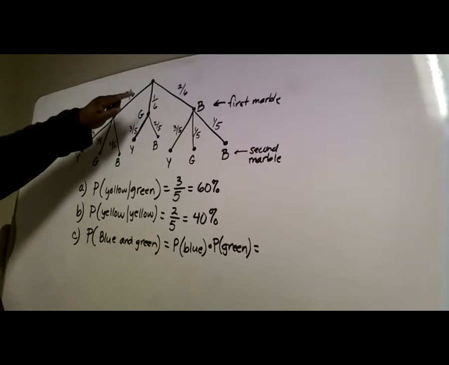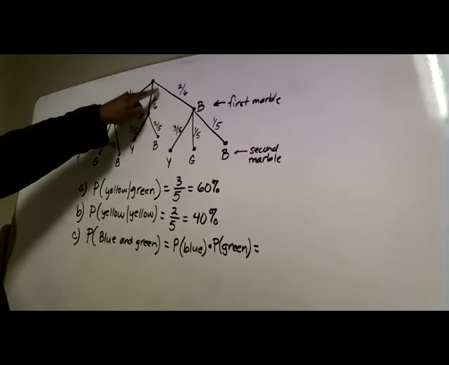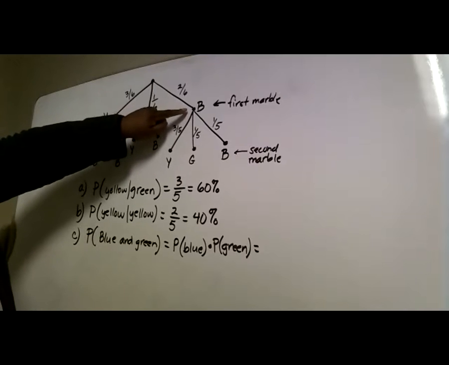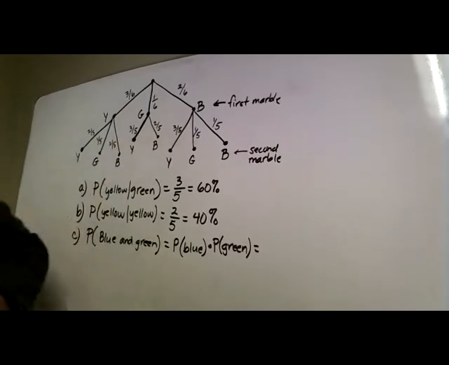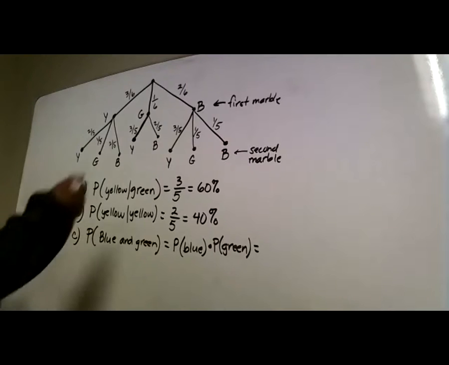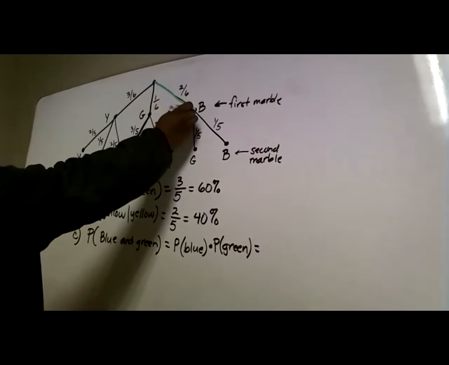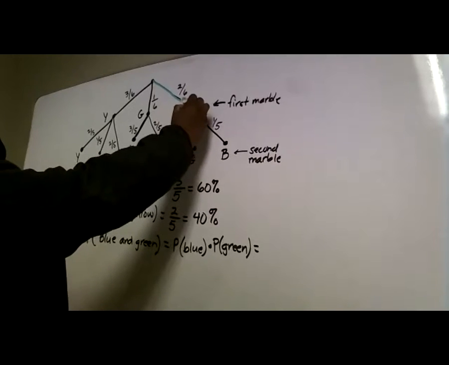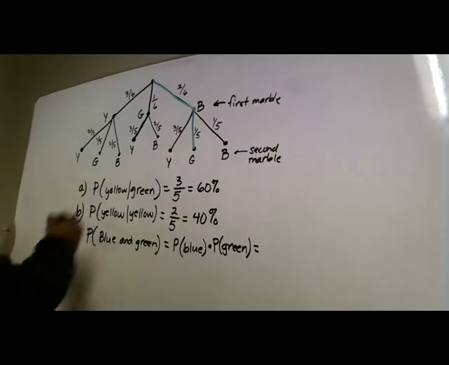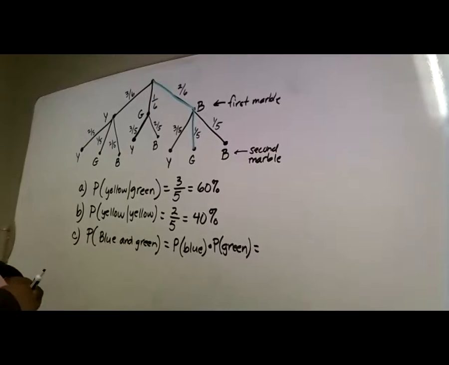So let's find the branch from here to a blue marble and then from a blue marble to a green marble. I might need to do this in a different color. That's to a blue and then to green. So we multiply those two probabilities here.